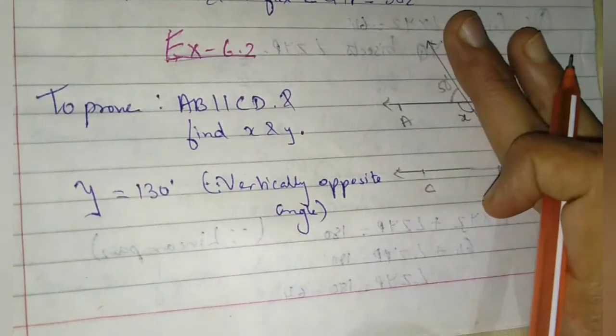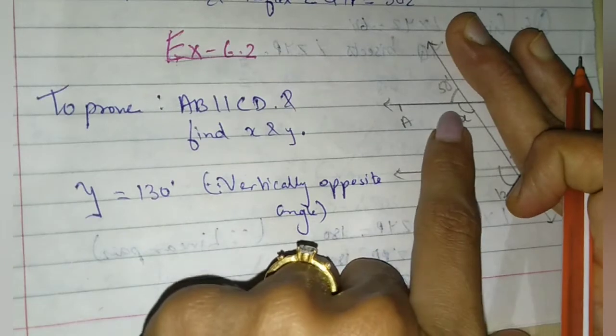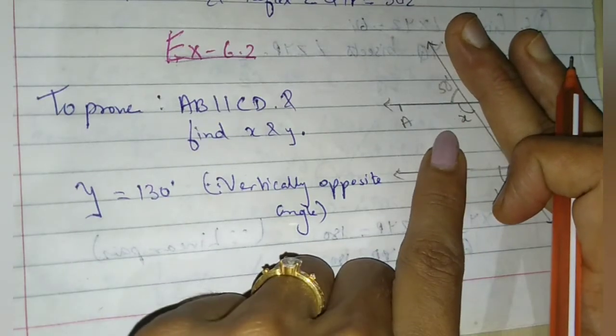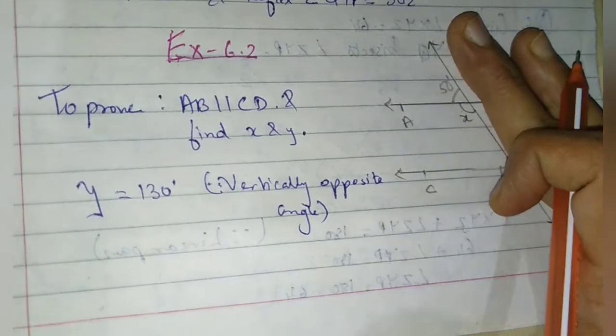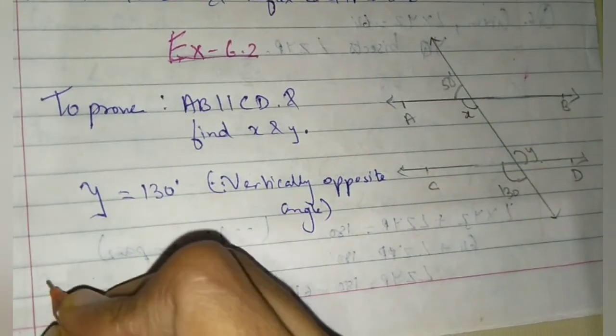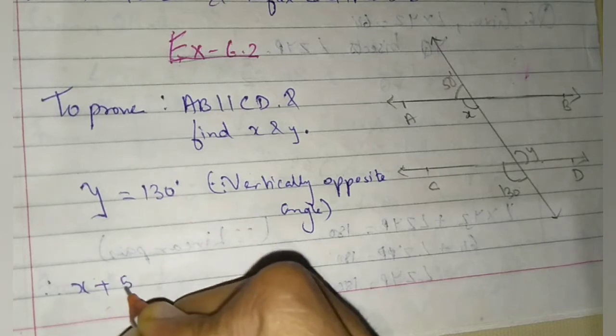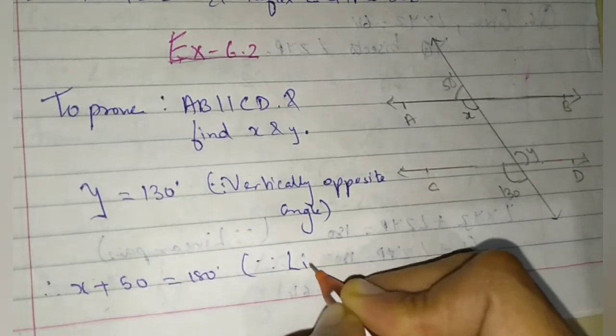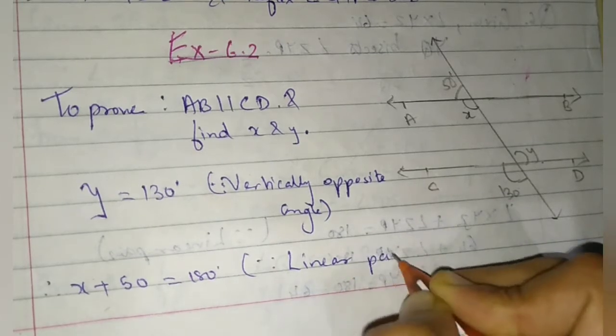Now for this one we can say x plus 50 is equal to 180 because linear pair. So therefore x plus 50 equal to 180. Why? Linear pair.